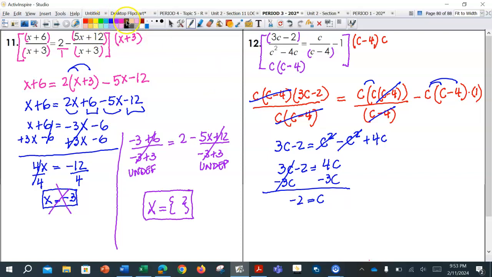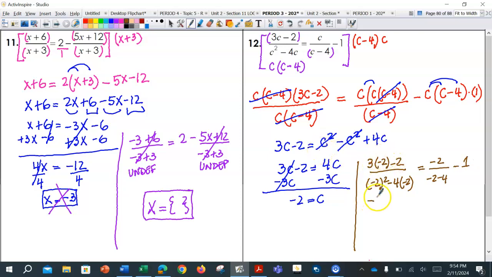Let's go here. So I have 3 times negative 2 over, here we have negative 2 squared minus 4 times negative 2. Okay, that is on the left. On the other side is negative 2 over negative 2 minus 4, minus 1, right? I just plug in the value of c, negative 2.